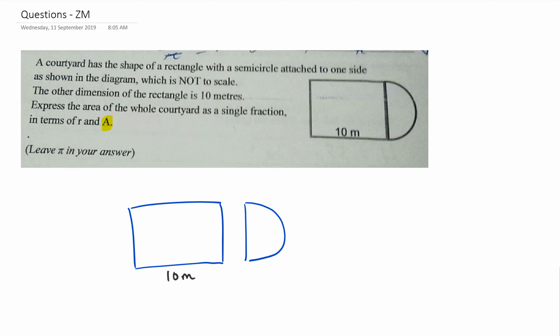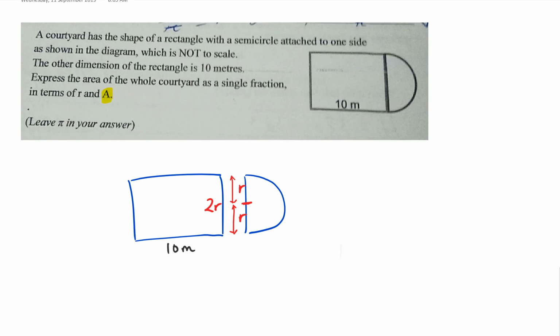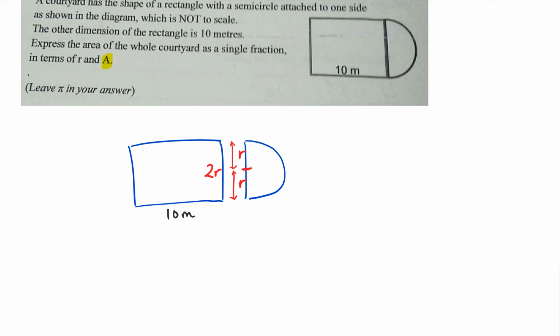The only thing we do know is that the radius is from the center of the circle to the edge, so the radius from the center here to the edge is going to be r as well. Now, because this diagram matches up with the height of the rectangle, the rectangle is going to have 2r as its height.